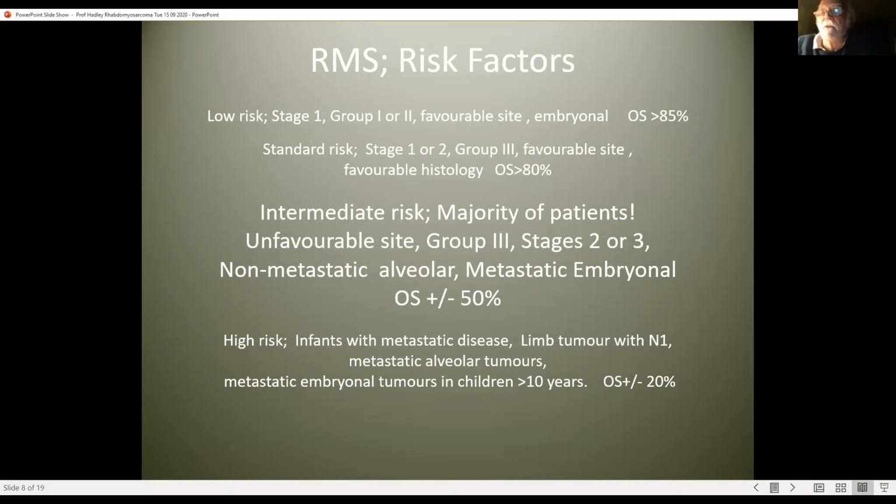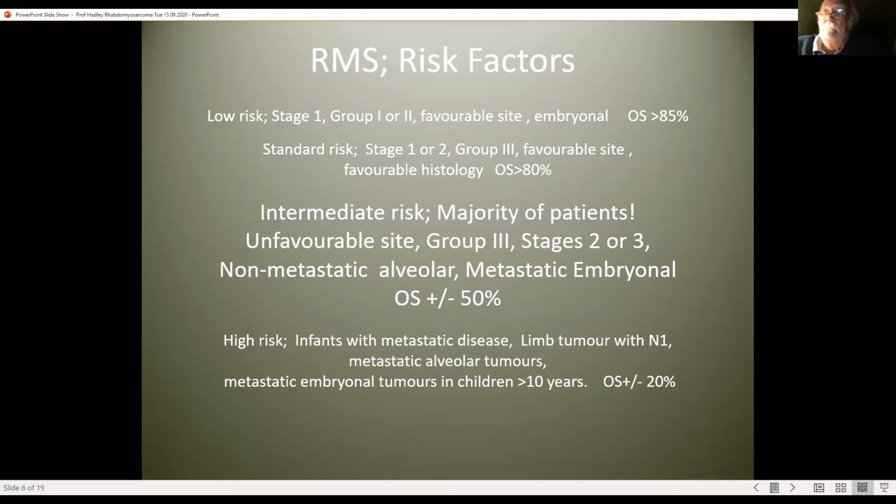The intermediate risk, which is what we all see, is an unfavorable site, group 3, and stages 2 or 3. And if you've got metastatic embryonal tumor, that's intermediate risk. If you've got alveolar tumor, but even if it's non-metastatic, that is intermediate risk. And your chances of survival are a coin flip. And if you've got a coin flip determining your future, I think it's compelling to provide as much treatment as you can up front.